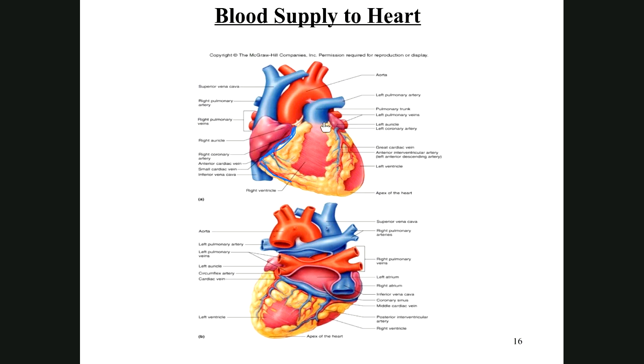Now, the left coronary artery runs a little bit, and then it splits. It splits into this one right here called the circumflex, and this one right here is the anterior interventricular artery. The anterior interventricular artery brings blood down, and it's serving these two ventricles over here.